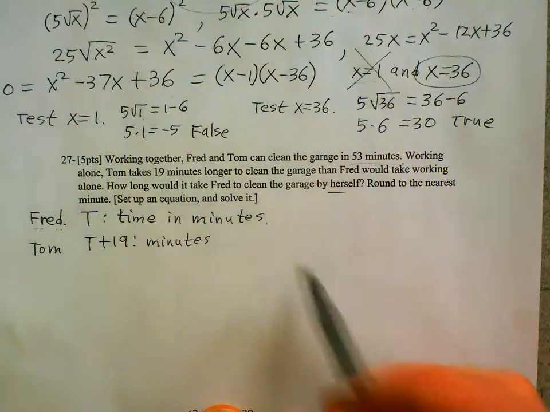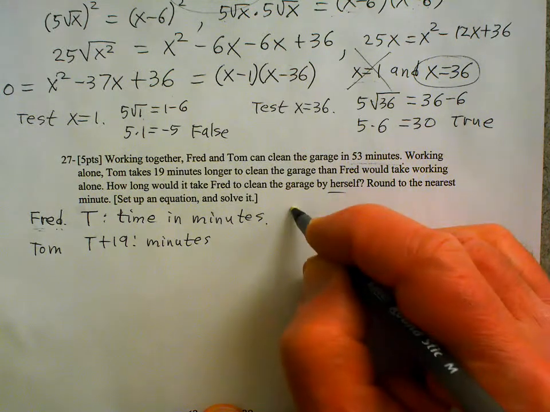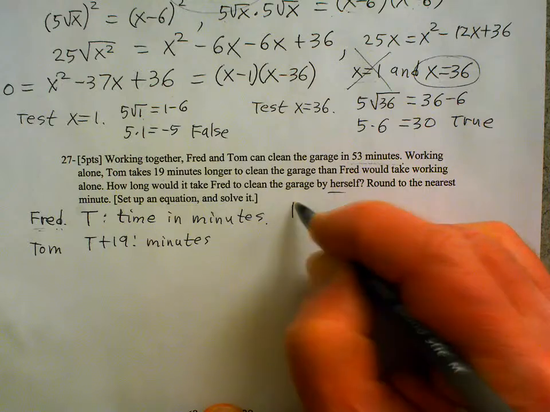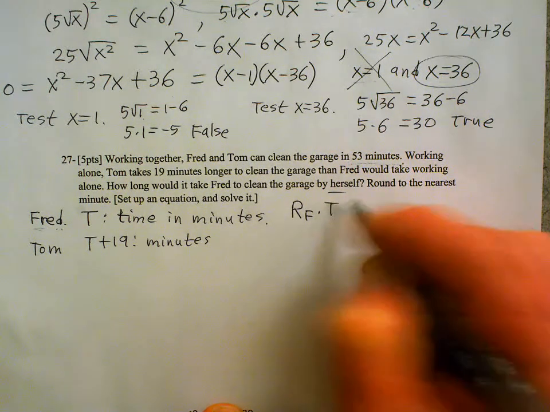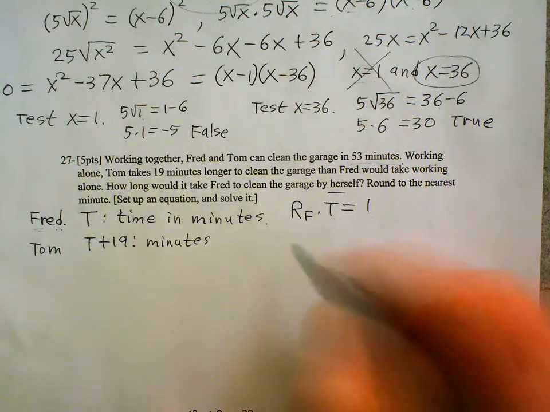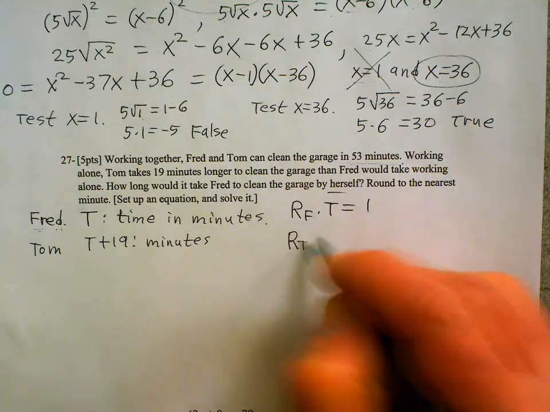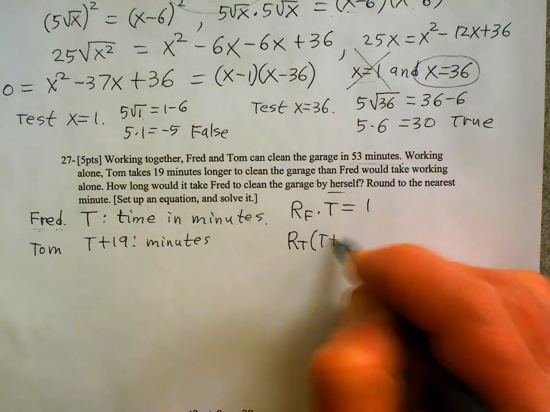So we'll write down three equations, each having the form rate times time equals 1. When Fred works alone, Fred's rate times t minutes equals 1. Rate times time equals 1. When Tom works alone, Tom's rate times t plus 19 equals 1.